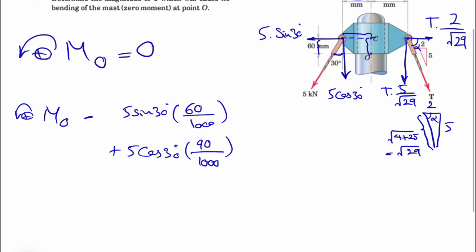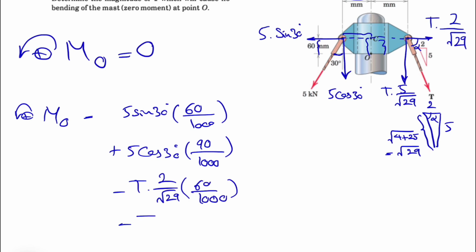If we want to go with the moment of the force T, we have the horizontal component, and as we can see, this time the moment is clockwise, so we have a negative sign: T times 2 over square root of 29, and the distance will be again the 60 millimeters, so 60 divided by 1000.